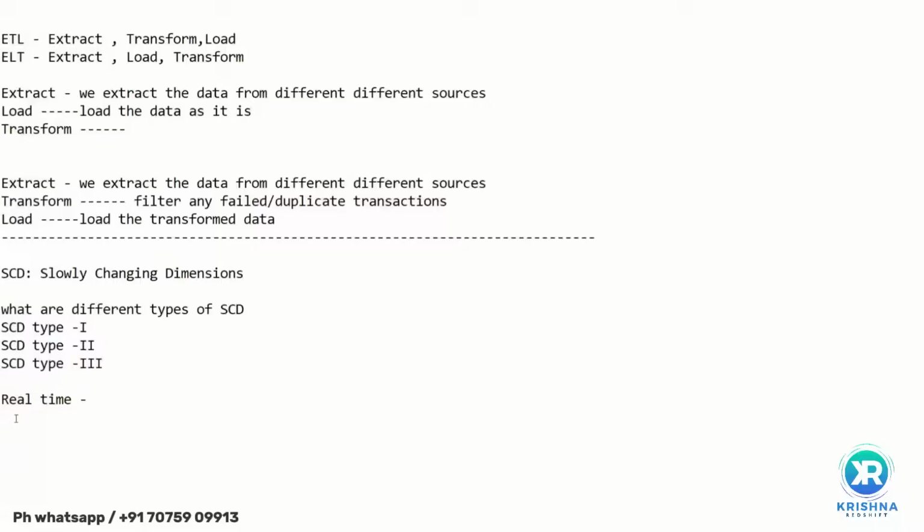So SCD type 1 means in these tables only current data will be maintained. There is always some table which holds only current, latest data. For example, you take employee details. Many employees may have joined and left the company, so the HR team should always have the current employee details only, right?